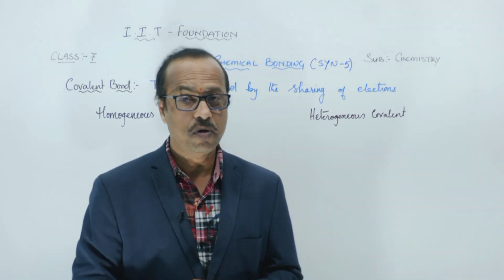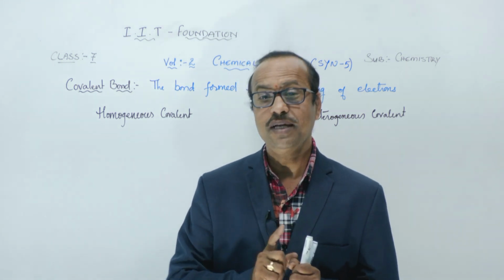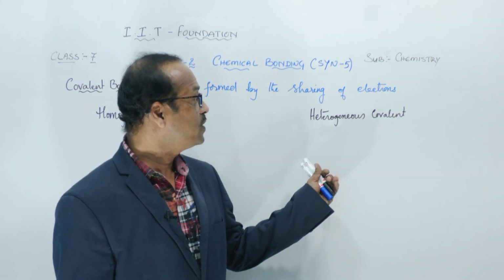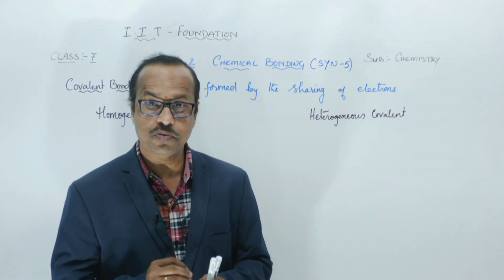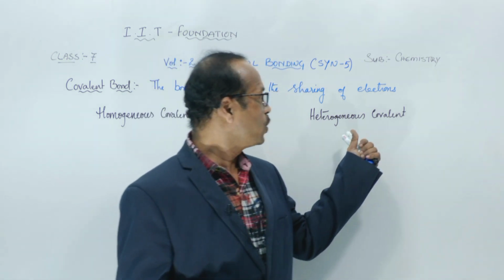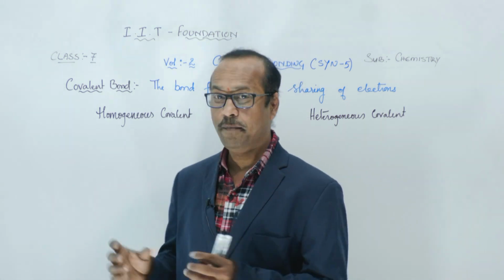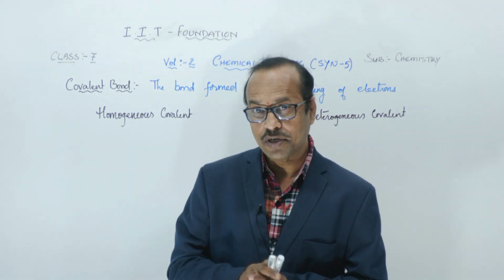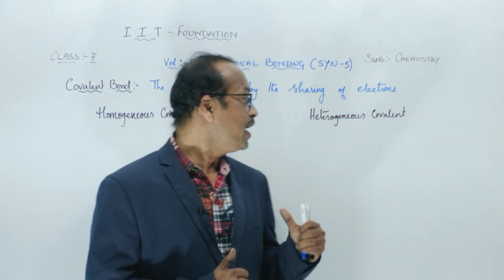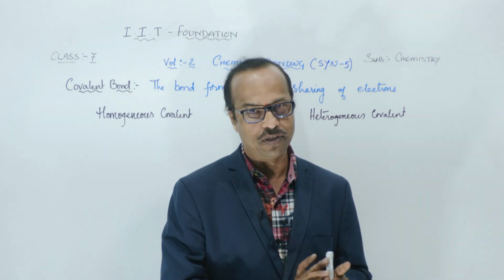If the covalent bond is formed between two similar atoms, then it is called homogeneous, and if the covalent bond is formed between two different atoms, then it is called heterogeneous. If the electrons are shared between two similar atoms, that is a homogeneous covalent bond. If the electrons are shared between two different atoms, that is a heterogeneous covalent bond.